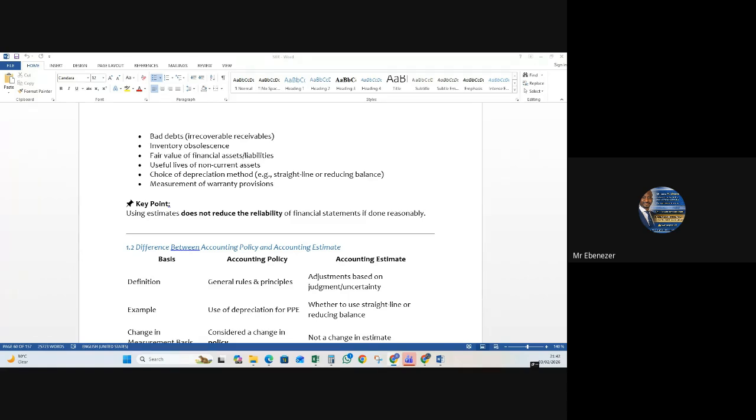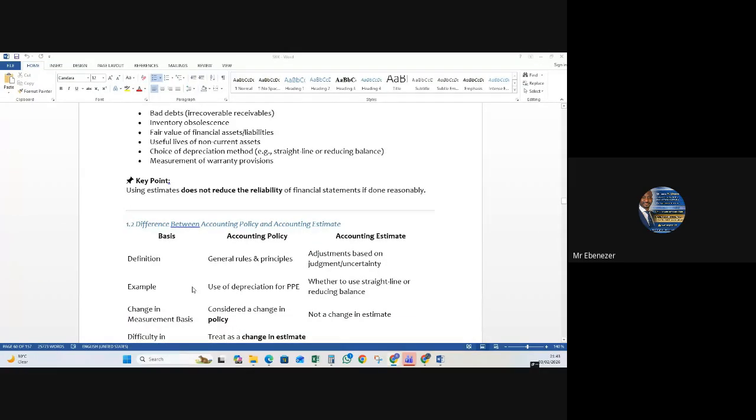An example of an accounting policy could be your depreciation policy. Your estimate will now be whether to use a straight line method or reducing balance.